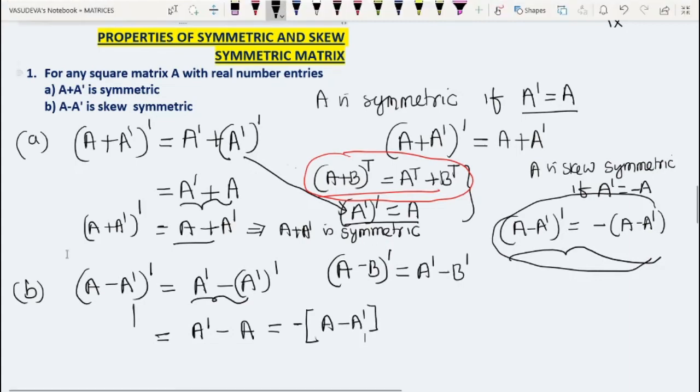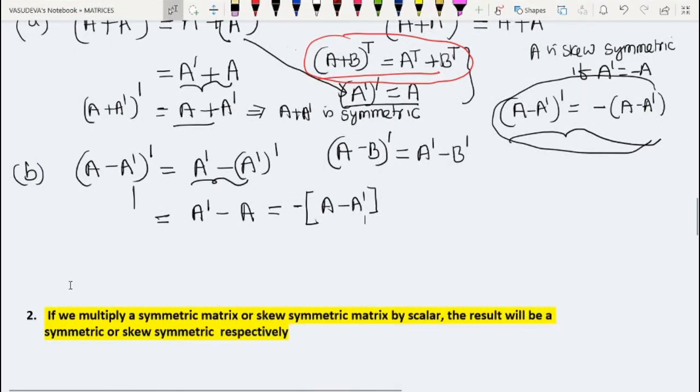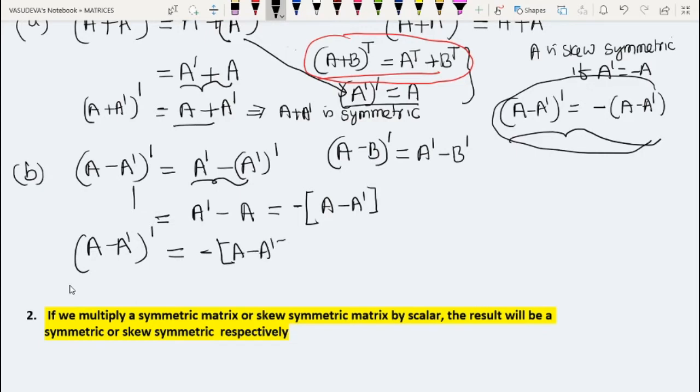So we have the concept that (A minus A dash) whole dash is equal to minus (A minus A dash). That shows that A minus A dash is skew symmetric.